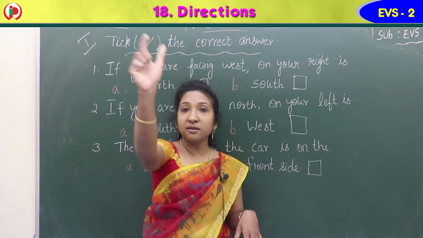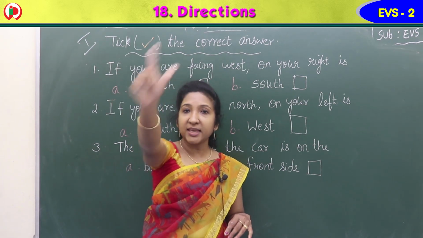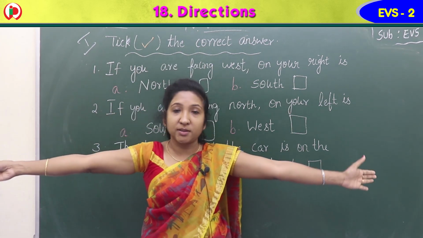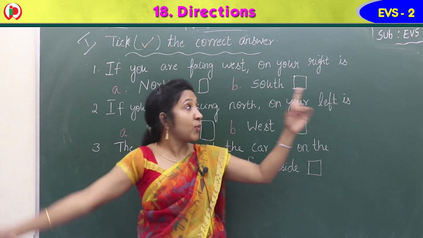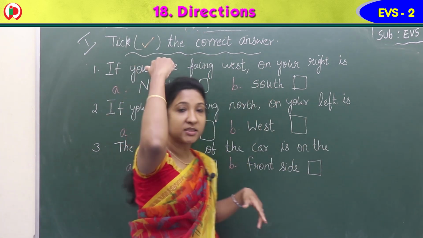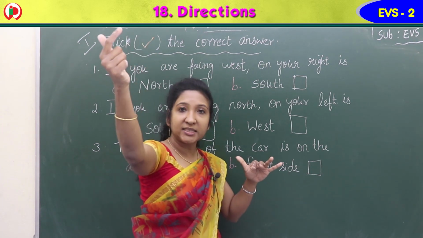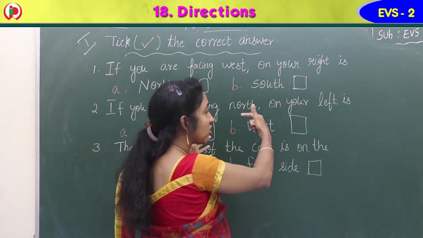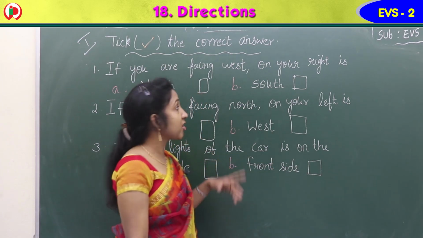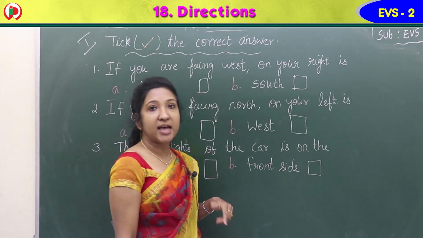If you are facing the rising sun, this is east, opposite is west, left is north, right is south, isn't it? But the question is, if you are facing west, which is opposite to the east direction, then what comes on your right? Is it north or south?